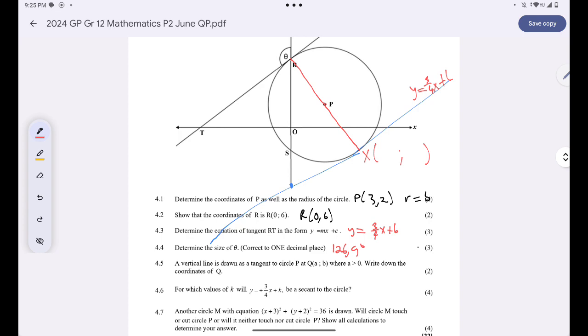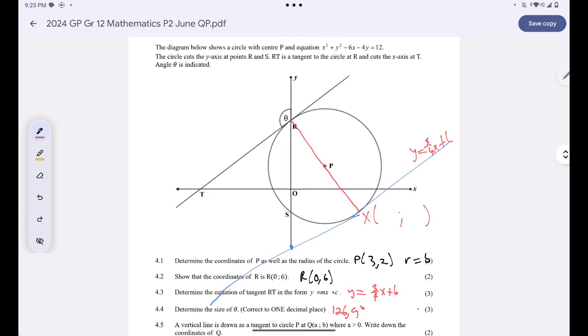So the diameter with the equation y is equal to negative 4 over 3 x plus 6. Remember that the gradient of the radius was negative 4 over 3, right? The y-intercept is there at 6.